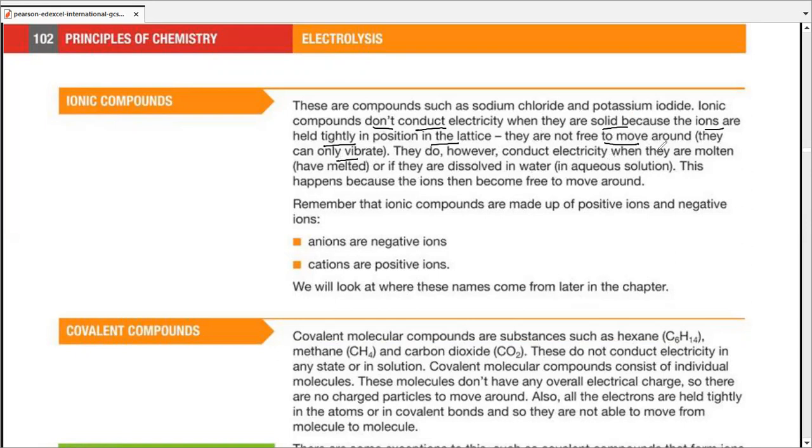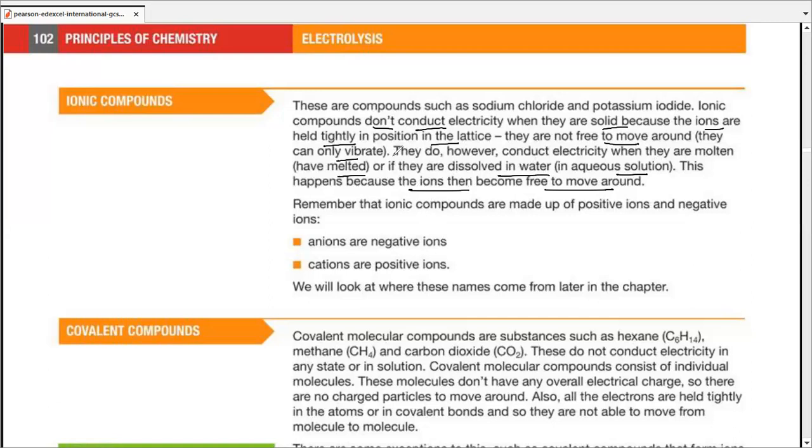However, when we heat them up, when we melt them, convert them into liquid, then the ions are free to move, so they can conduct electricity. Otherwise, if they're dissolved in water in aqueous solution, water is capable of breaking the lattice, the positive and negative ions, and water actually surrounds them, so they're free to move again.